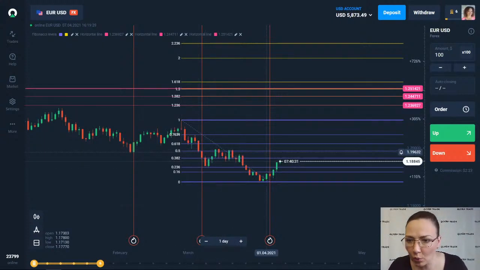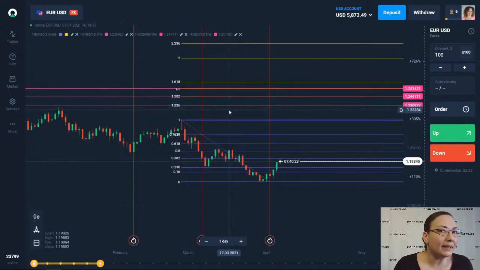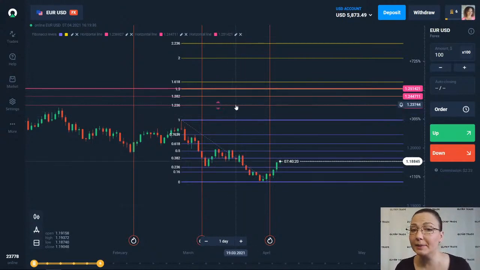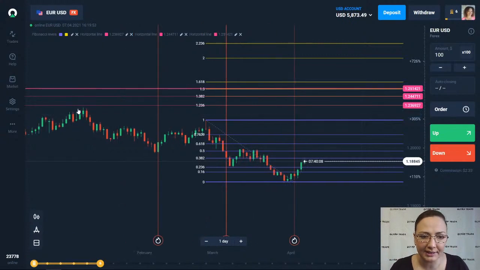The price is not going to be exactly at 1.236 whenever it reaches resistance. It may be a little bit lower. It may be a little bit higher. It's an area, but it's in that vicinity that we are looking for resistance or support.